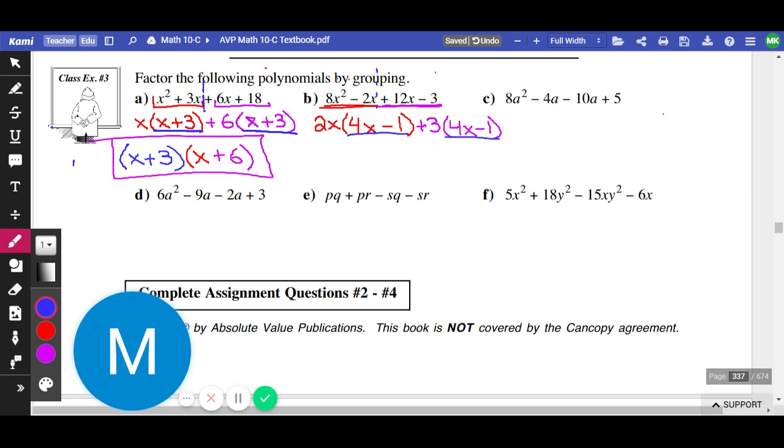In this case, they're both 4x minus 1. I can GCF that away from the entire question. And I'm left with 2x plus 3. Like that.